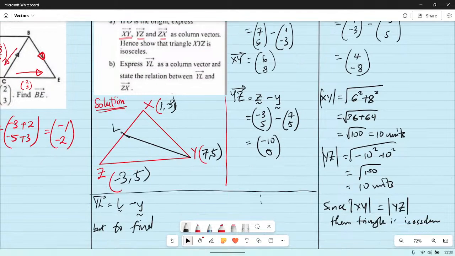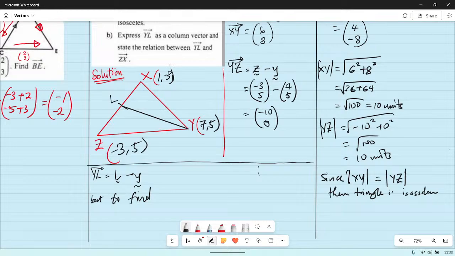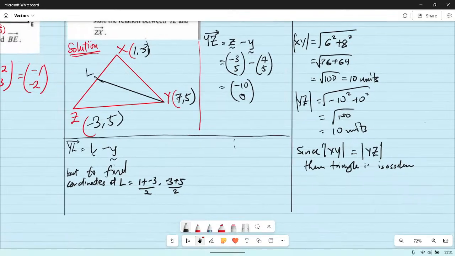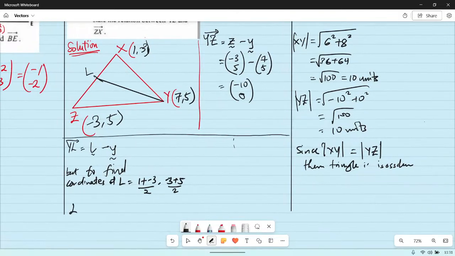So if you want to find the coordinates of L, it becomes (1 plus negative 3) over 2, comma, (negative 3 plus 5) over 2. Are we okay? And L becomes negative 2 over 2, comma, 2 over 2.